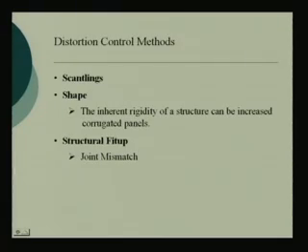The first and foremost is scantlings, to work on the scantlings. Obviously, the thinner the plate, the more deformation. So, very simple advice would be, do not go for thin plates, but that is the thing.